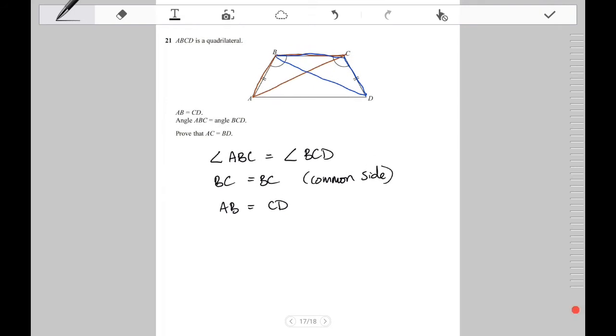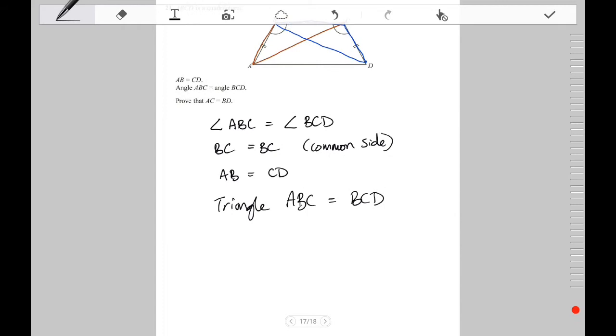So in terms of our congruency rules, you can say that triangle ABC is congruent to triangle BCD because of side, angle, side.